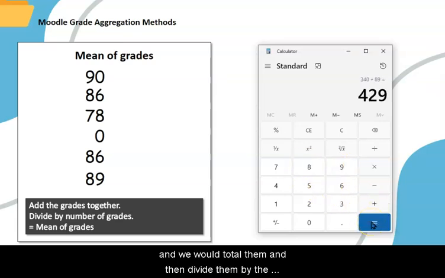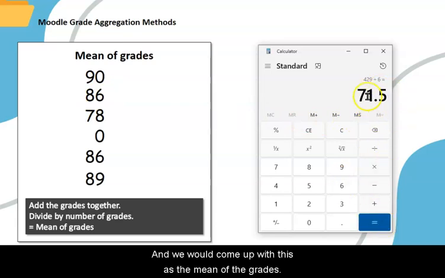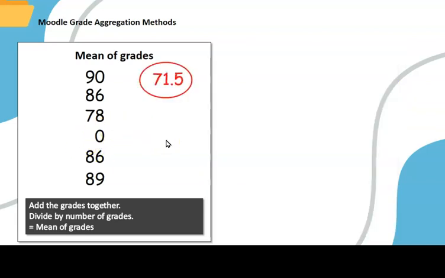And we would total them and then divide them by the number. So there's 6. And we would come up with this as the mean of the grades. So that is pretty familiar for most everyone.